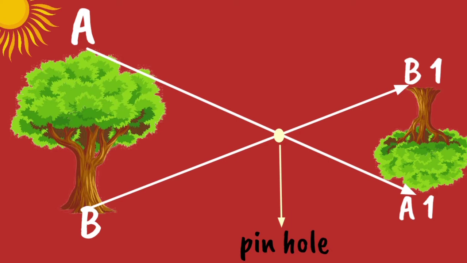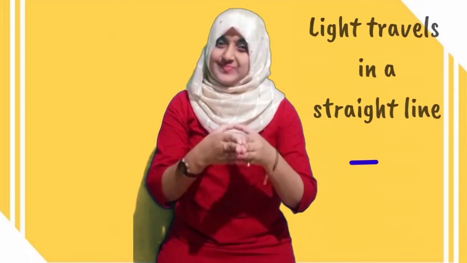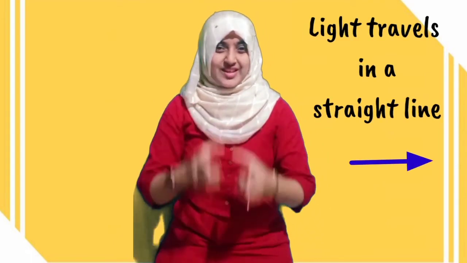And hence, the image appears inverted in a pinhole camera. So this pinhole camera is based on the principle that light travels in a straight line. Now you too can make this pinhole camera and enjoy.